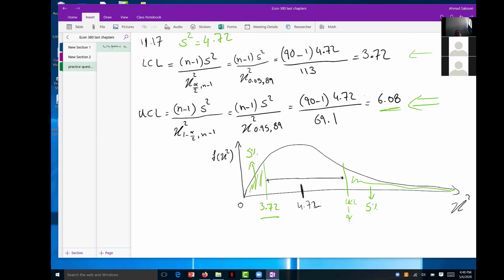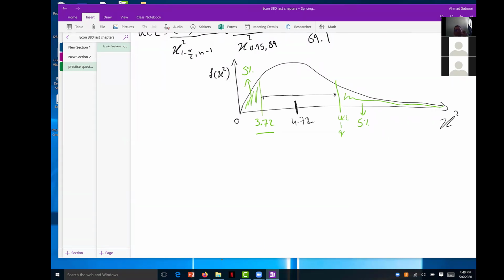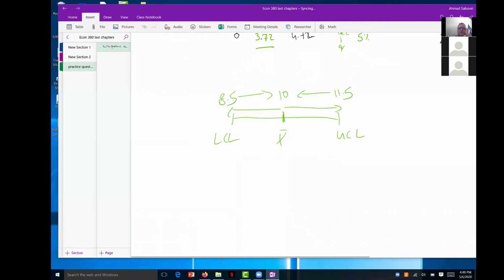As you see, before, when it came to estimation of means, here was my sample mean, X bar, for example, and the upper and the lower confidence level had the same distance. So if this was 10 and this was 11.5, this must be 8.5. The distance, if this was 1.5, this must also be 1.5. Why? Because the distribution of the mean was symmetric.